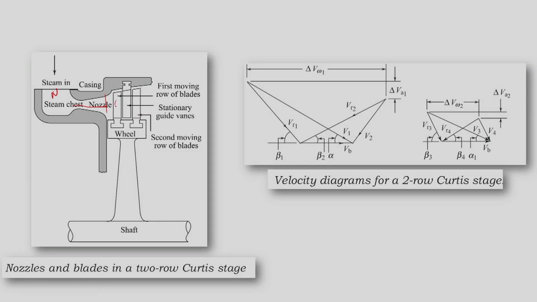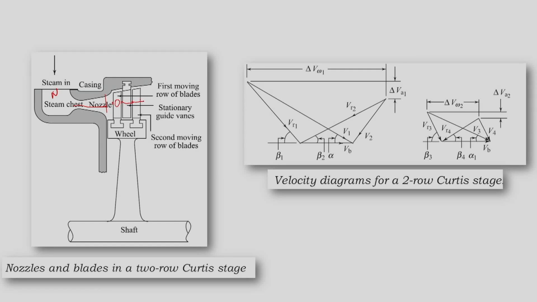Then there will be blades, and these moving blades will change the absolute velocity to some value at the exit. Then there will be stationary blades or guide vanes. They will change the direction of velocity such that it will be smooth at the entry to the second moving blades, and then in the second moving blades we will have the rest of the velocity change taking place.